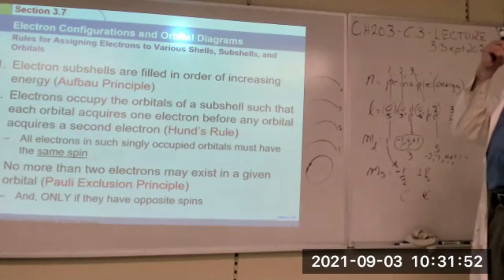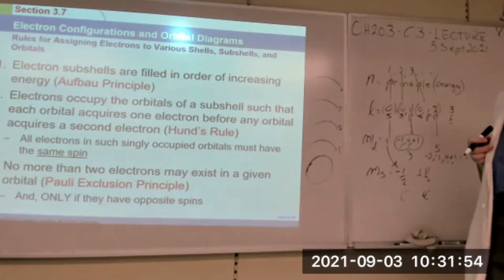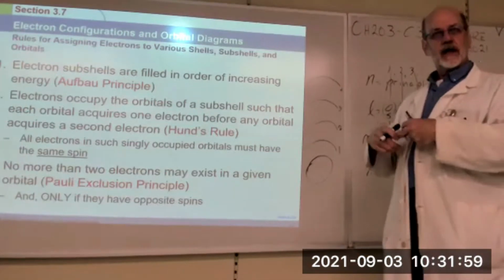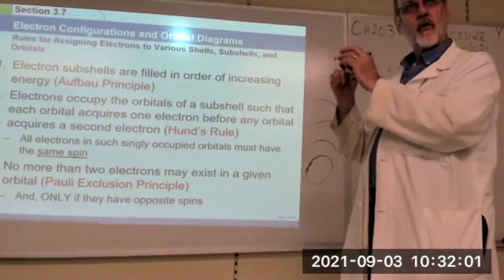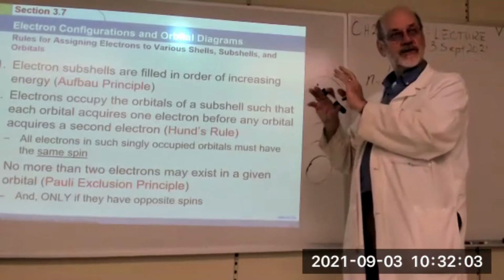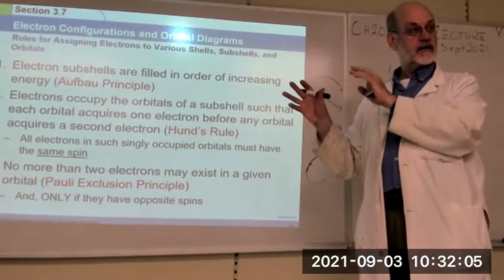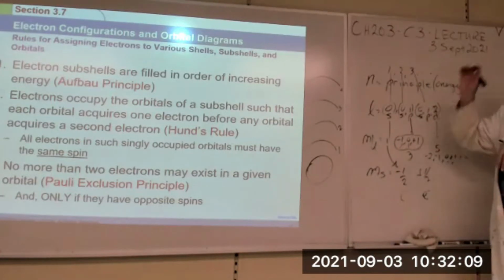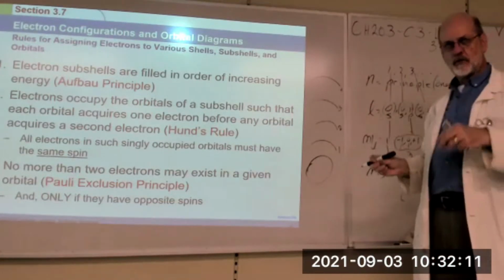Okay, so when we start to write the electronic configuration, that's what we call it, a shorthand notation for where the electrons sit in their relative energy levels, shells, subshells, and orbitals, we need some rules to go by.